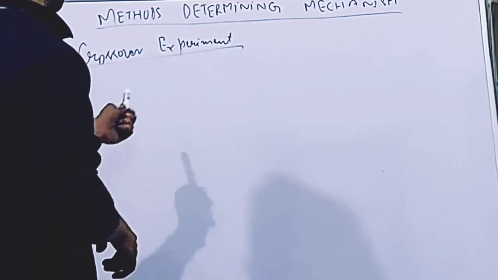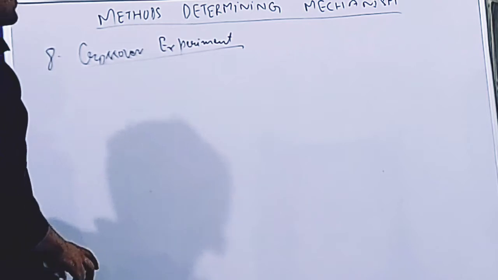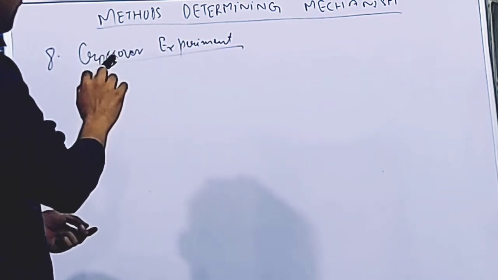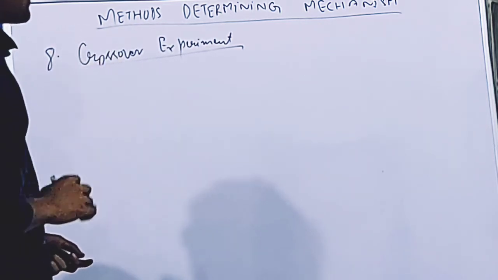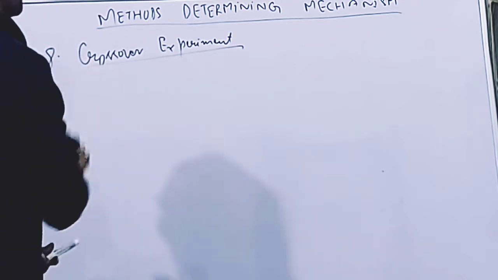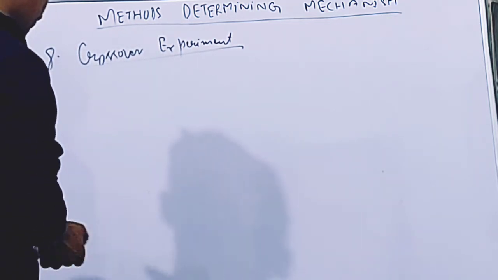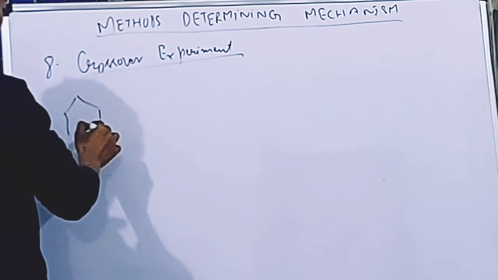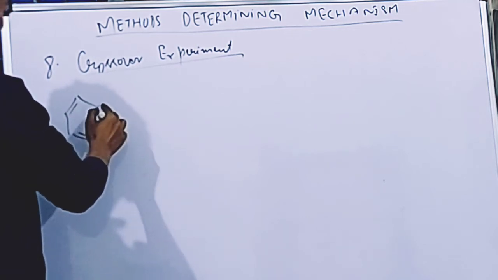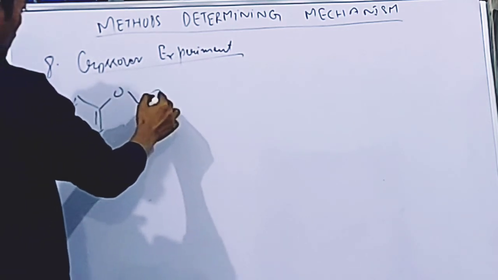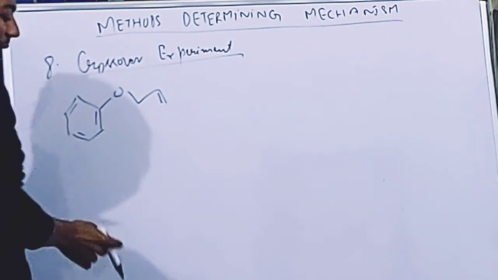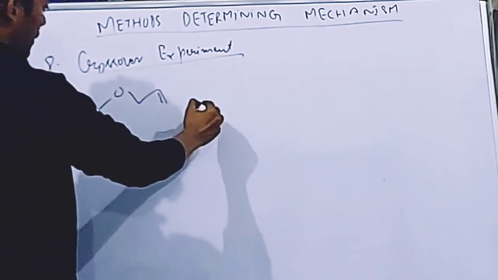The last method is the crossover experiment. The question here is whether the reorganization of the carbon skeleton is intramolecular or intermolecular. We'll see with an example. We have this molecule, and another one is this.